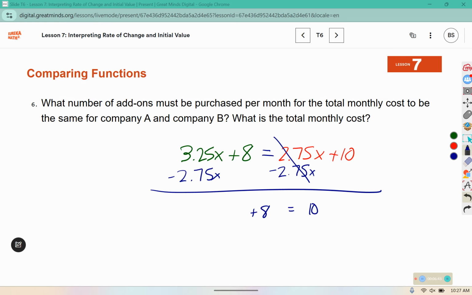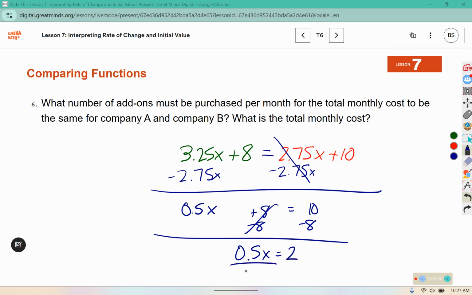3.25 minus 2.75 is 0.5. And 10 minus 8 is 2, divided by 0.5. x equals 4. So they will need to purchase 4 add-ons.